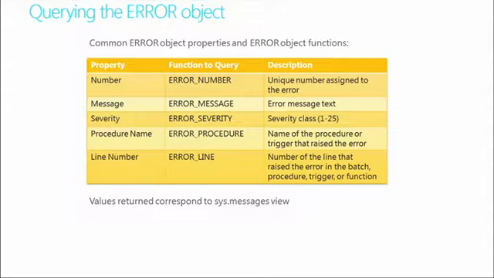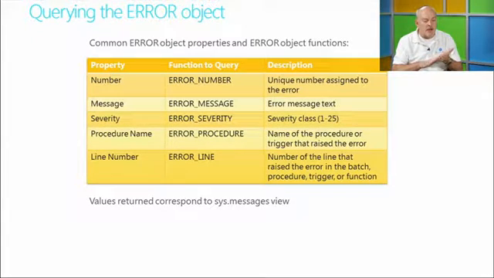Now we can also query the error object. So common error object properties that you'll find are error number, error message, error severity, error procedure, and error line. Those are functions that we can query. And the property associated with them are on the left-hand side and the descriptions on the right-hand side. If you remember that raise error message you saw earlier, there were a couple numbers associated with it.